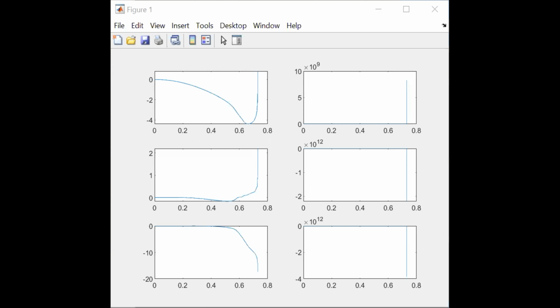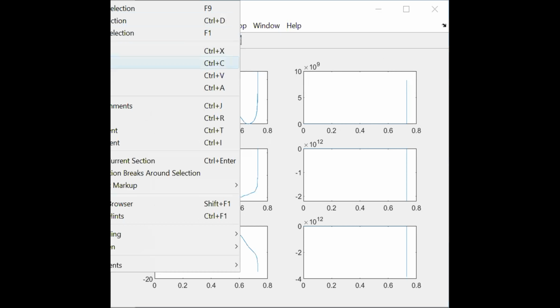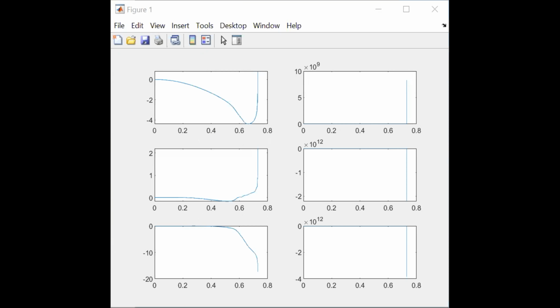So here is the first section of the code. I'm pasting the code in the chat window. This is the first section of the code. I'm going to give you the second section of the code. This is the second section of the code. And let me give you the last section of the code.